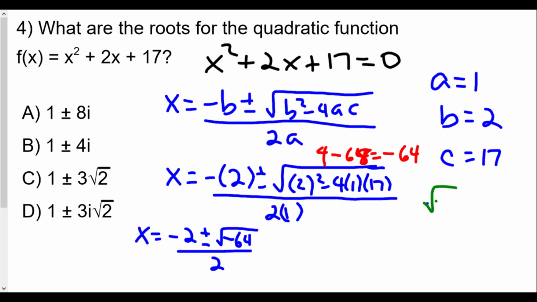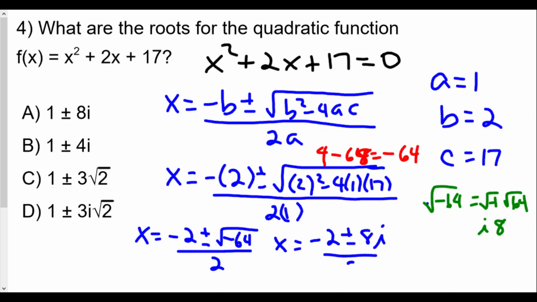The square root of negative 64 can be simplified as the square root of -1 times the square root of 64. Always pull out that square root of -1 first, because we know that value is i, and the square root of 64 is just 8. So x is equal to -2 plus or minus 8i, over 2.